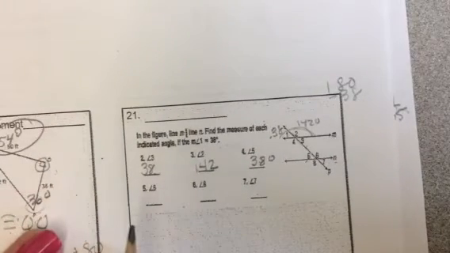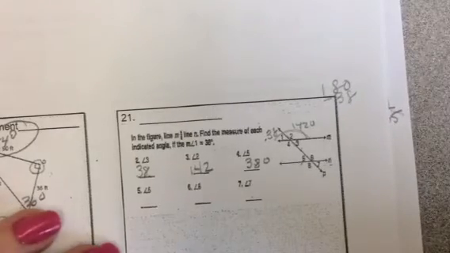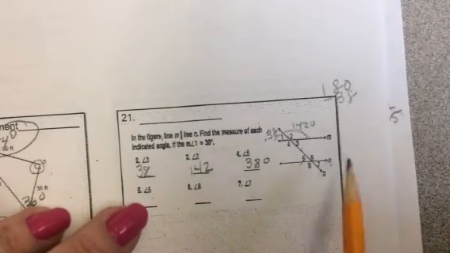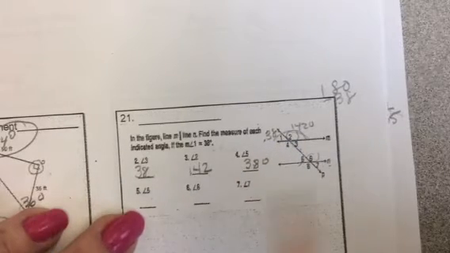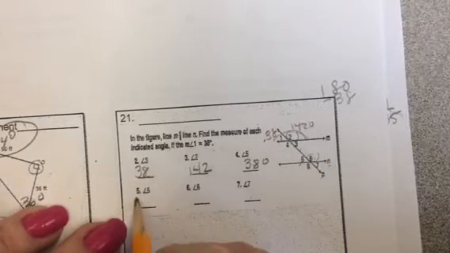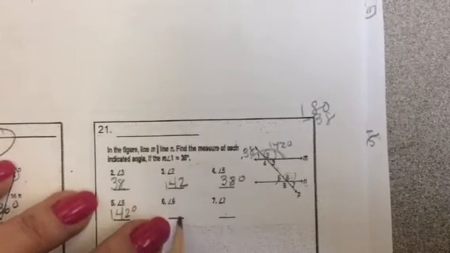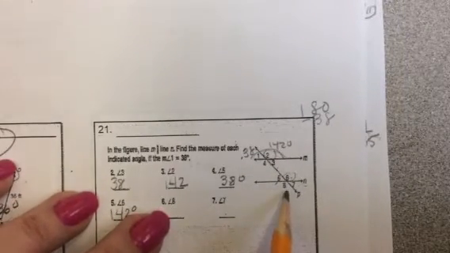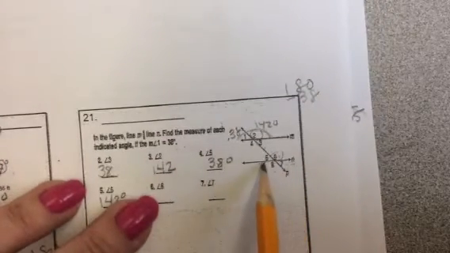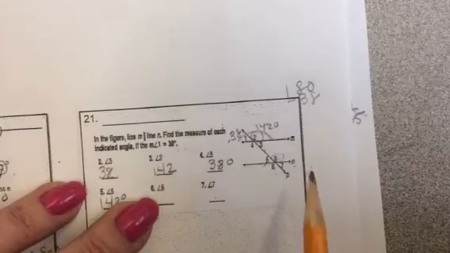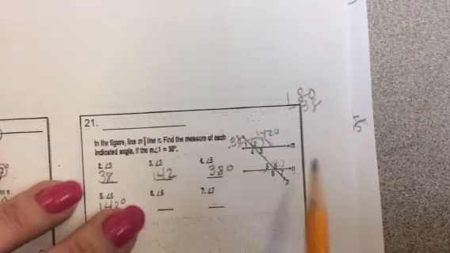And the measure of angle 6. I know that angle 6 and angle 2 are corresponding angles, so therefore angle 6 is going to be 142 degrees. And the measure of angle 8. Also, if I look at it, I know that it's obtuse, so if they're all following the same pattern, I know that it's going to be 142 degrees.